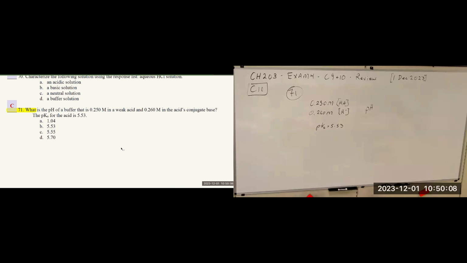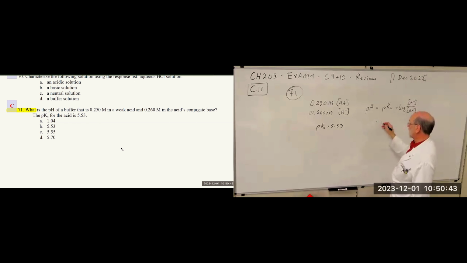So if you come to class, there was useful information along with this one: Henderson-Hasselbalch. You can have that one at your fingertips if you want. pH equals pKa plus the log of the conjugate base divided by the acid.